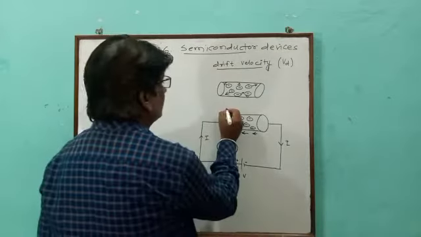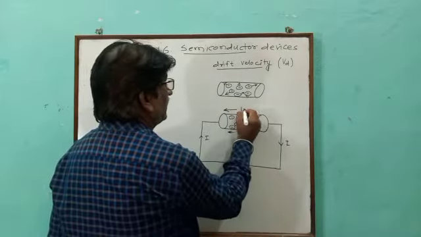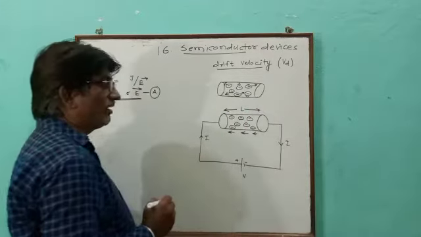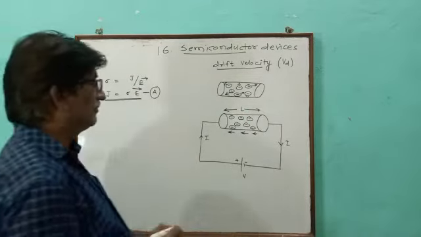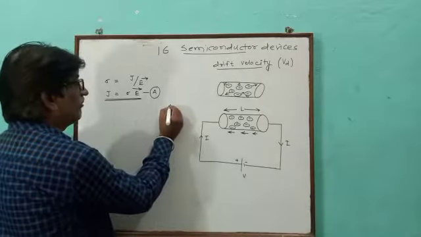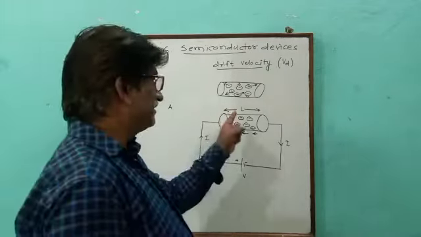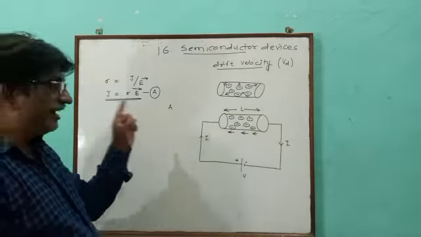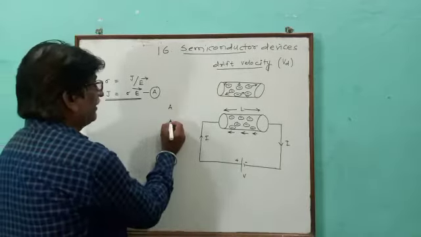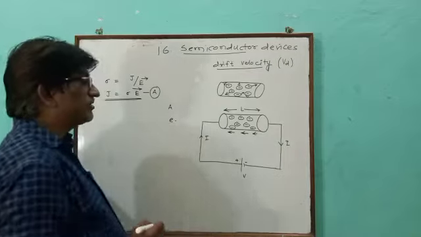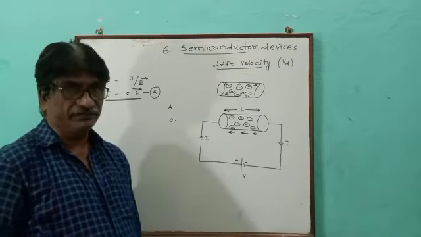Say the length of the metal rod is L, the area of the metal rod is A, and e is the charge of each electron.